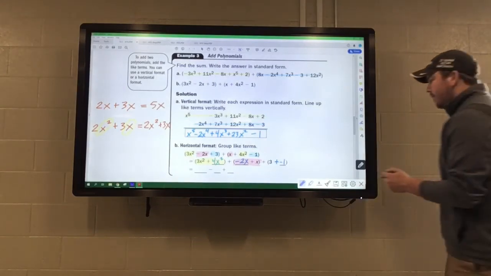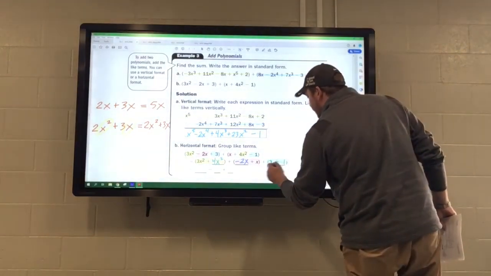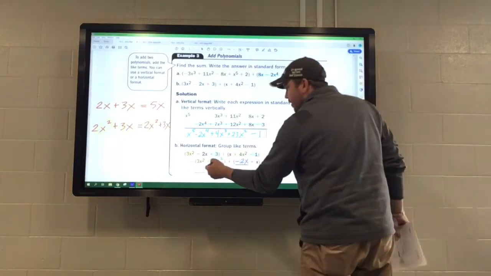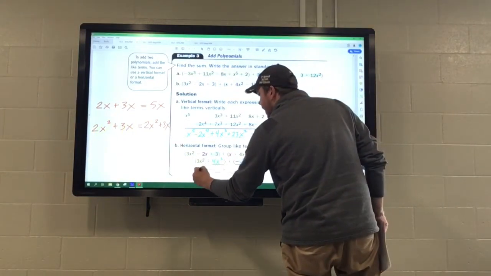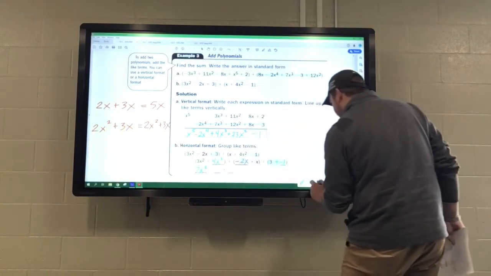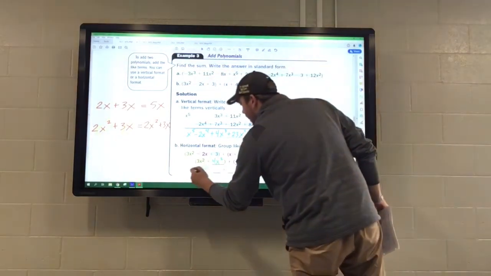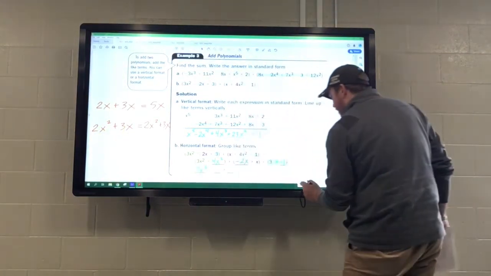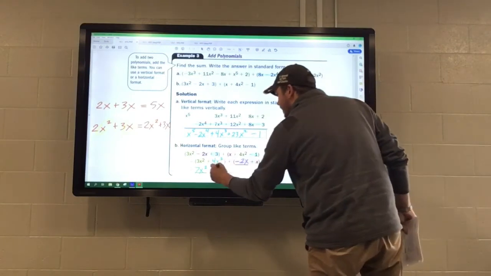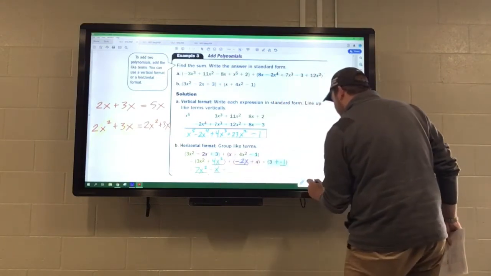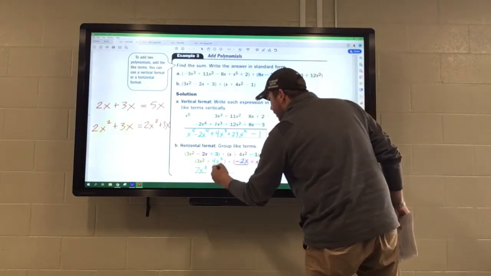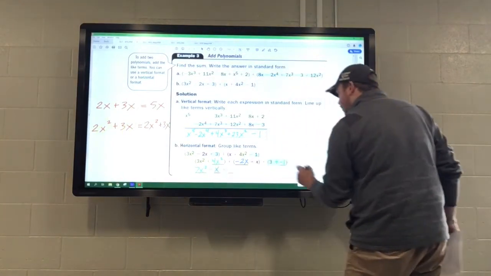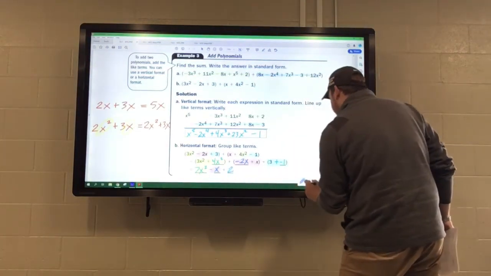And then we just need to simplify each one separately. 3x squared plus 4x squared is 7x squared. Negative 2x plus x is negative x. And 3 plus a negative 1 is 2.